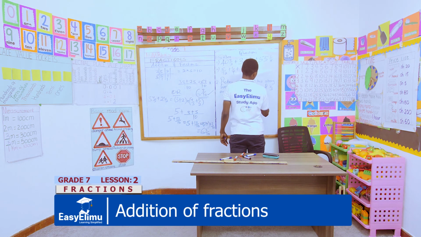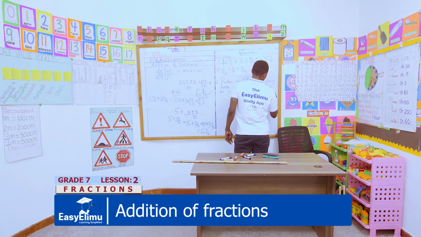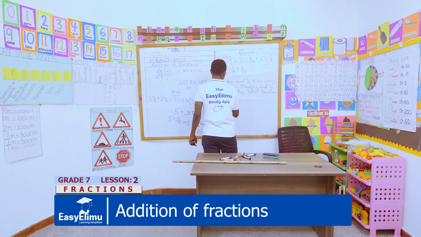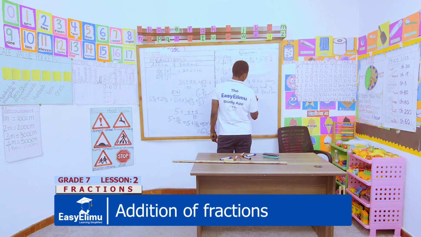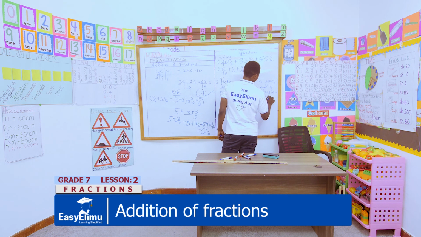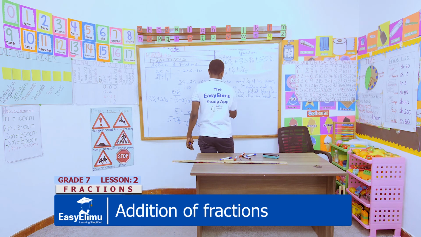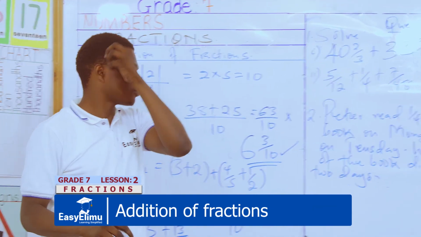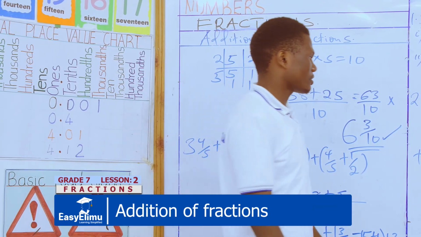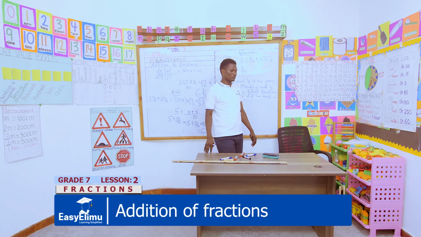What fraction of the book did he read in 2 days? So Peter here read a quarter of his book on Monday and a third on Tuesday. What fraction of the book did he read in 2 days?